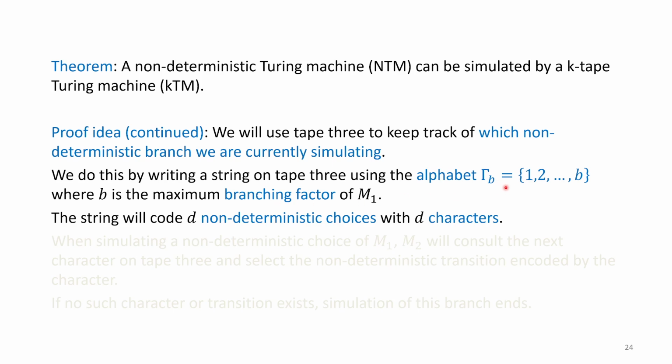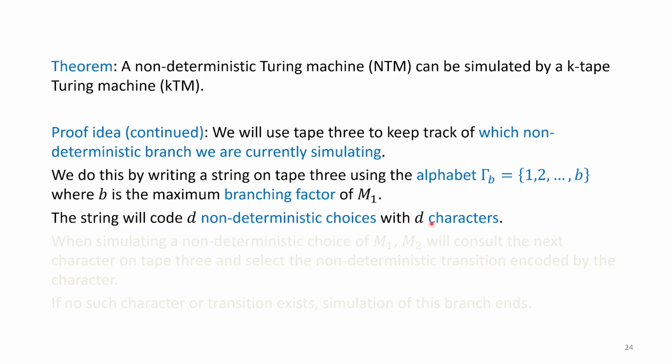We could call it L's and R's, or we could make it a binary string over zeros and ones, where we just have 0, 1, 1, 0, 1, and that encodes one of our branches. So 0, 0, 0, 0, 0 would encode the leftmost branch, 1, 1, 1, 1, 1 would encode the rightmost branch, and so on.